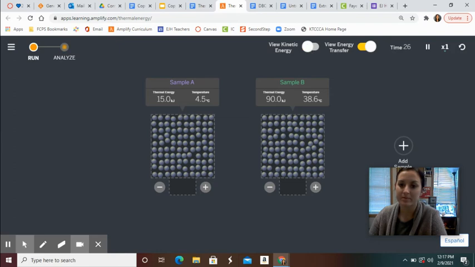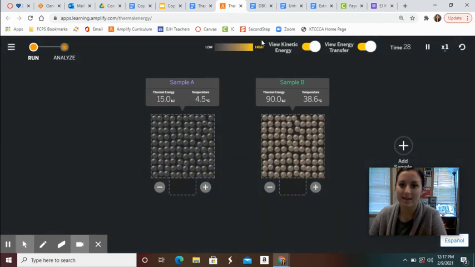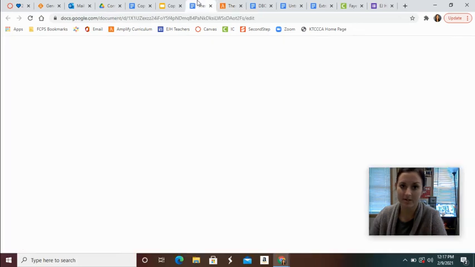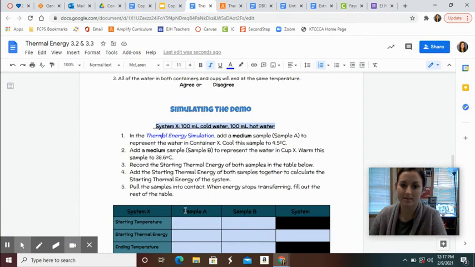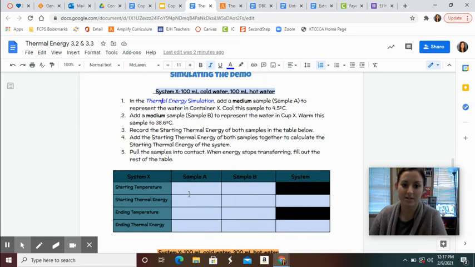But before you push them together, you need to record the starting temperature and the starting thermal energy. And so you can see here, there's a spot for the starting temperature. So you'd put 4.5. And then we know our other one is 38.6.